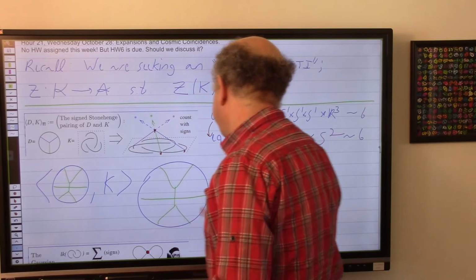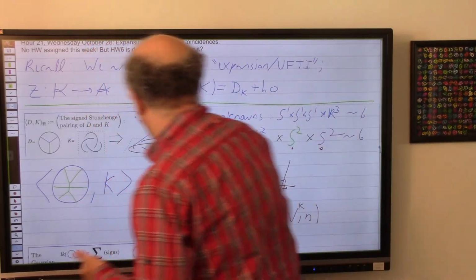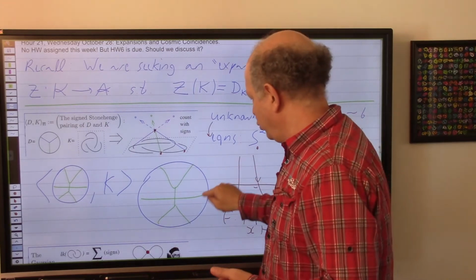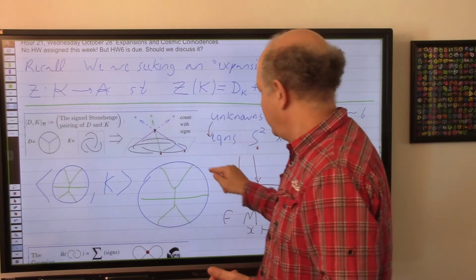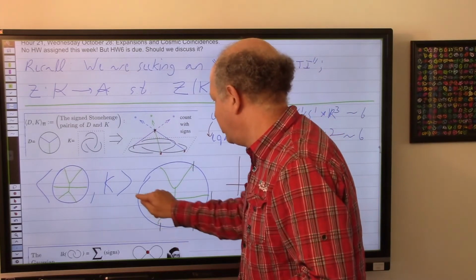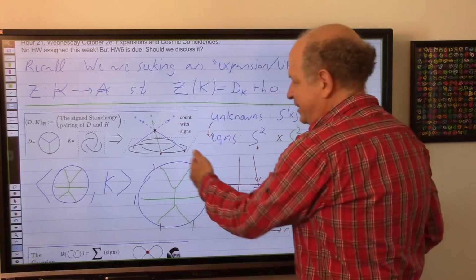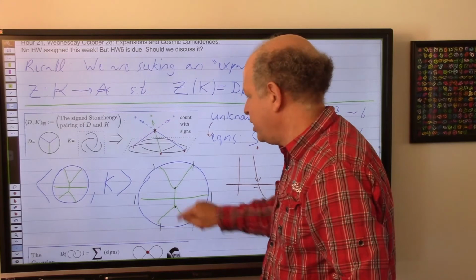So let's see. First of all, we have 1, 2, 3, 4, 5, 6 points on the circle. So we have dimension 1 for each point on the circle, and these are unknowns. We also have 2 points in R3.